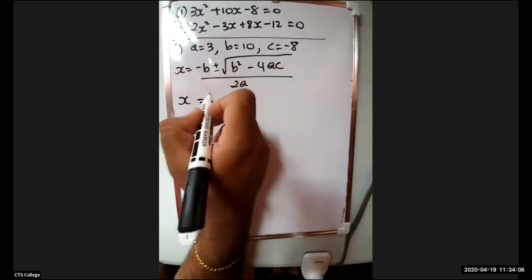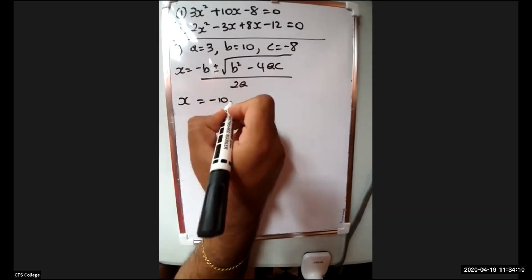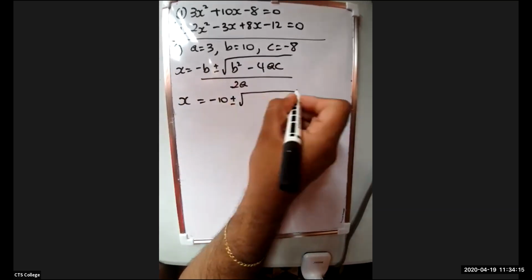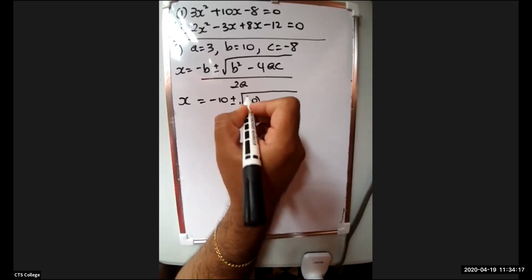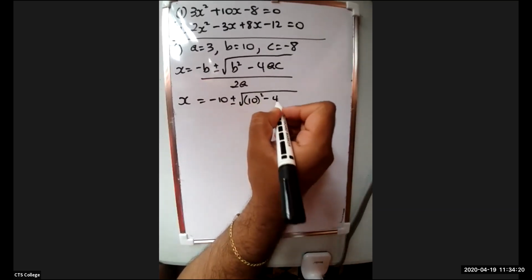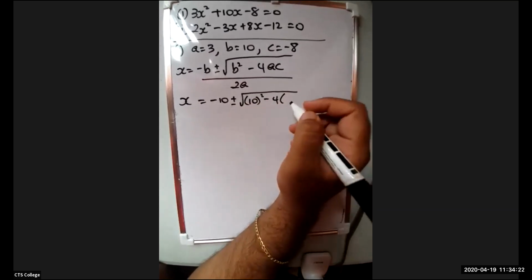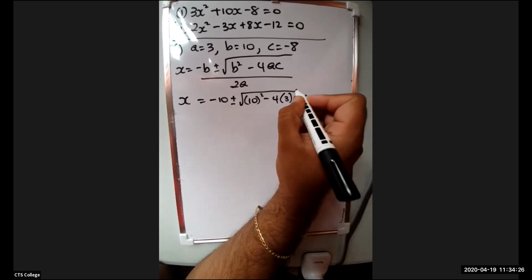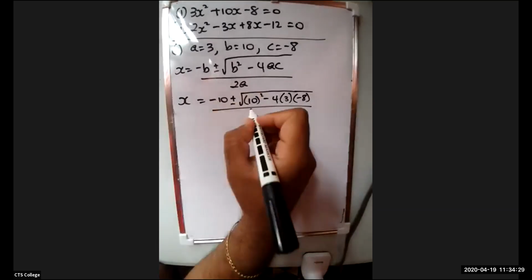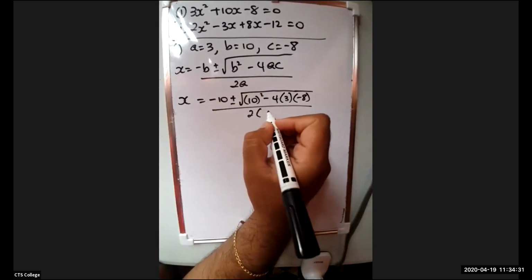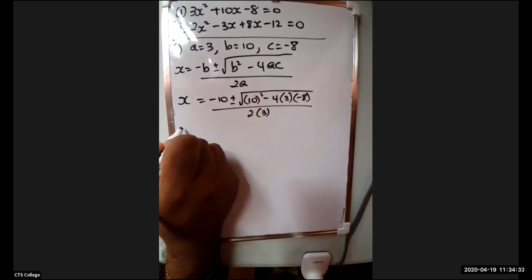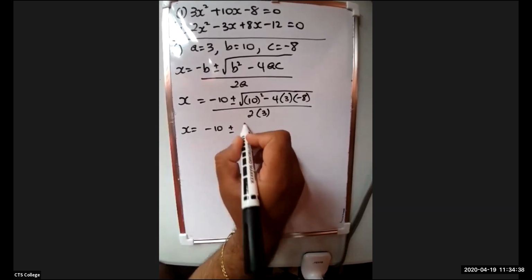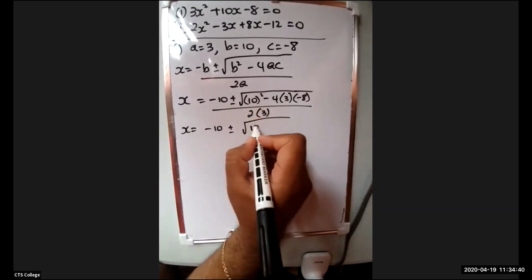So b is 10, so it's minus 10, plus or minus the square root of 10 squared minus 4, and a is 3, and c is negative 8, all over 2a, which is 6. So minus 10 plus or minus, 10 squared is 100.